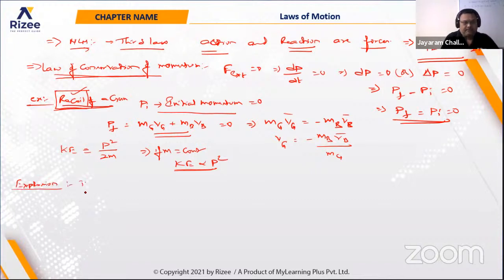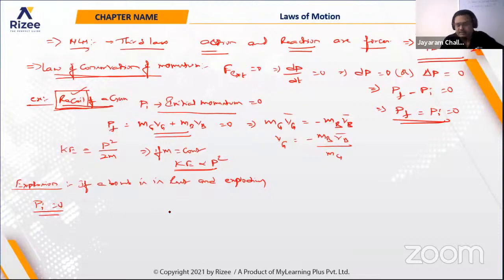If a bomb is at rest and exploding, then obviously your initial momentum will be equal to zero. And after the explosion, if it turns into some number of pieces, then m1 v1 plus m2 v2 plus m3 v3 is equal to zero, if it is splitting up into three pieces like this.